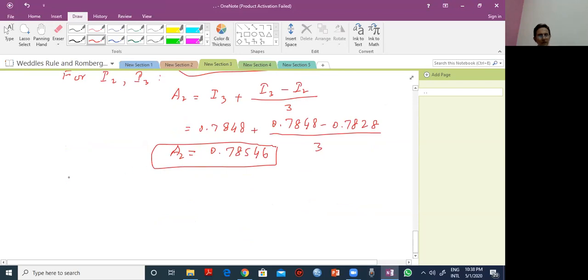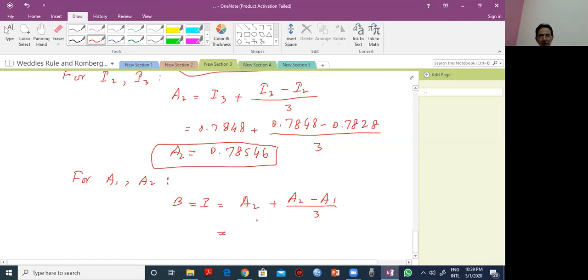So again, student, for further improvement we take A1 and A2 and determine the integral value. We call it B, or simply I in another way: A2 plus A2 minus A1 whole divided by 3.